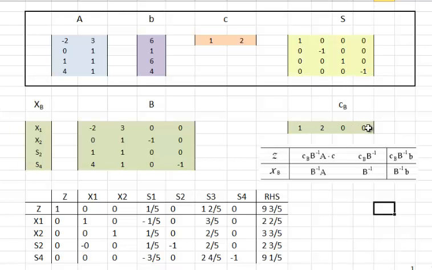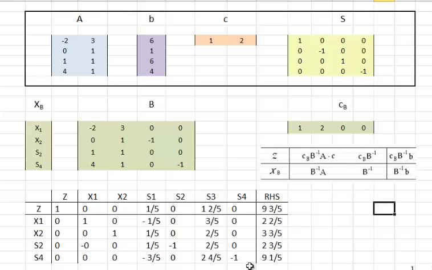Now the tableau structure has this form, and we have talked about it before, so I'm not going to spend any more time on this one. This is the tableau structure, and this model is formed based on that tableau structure.